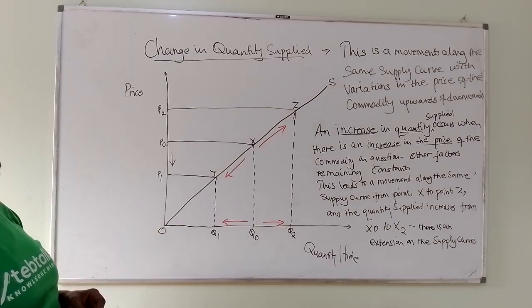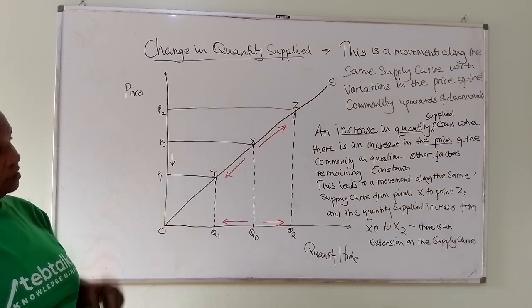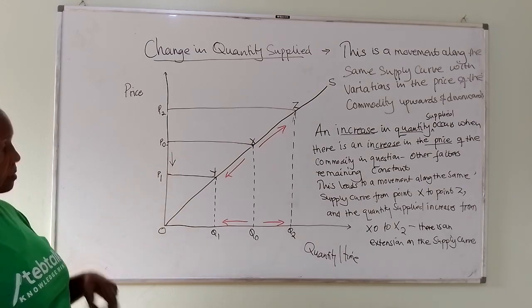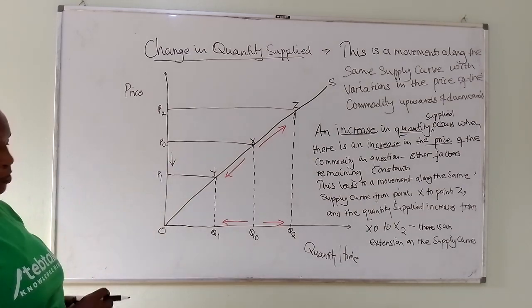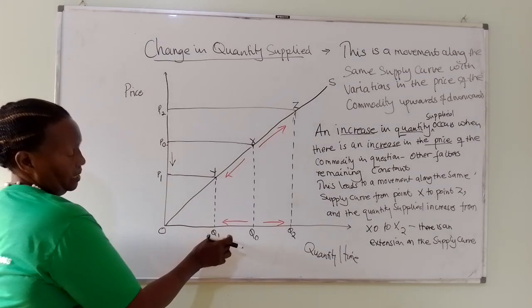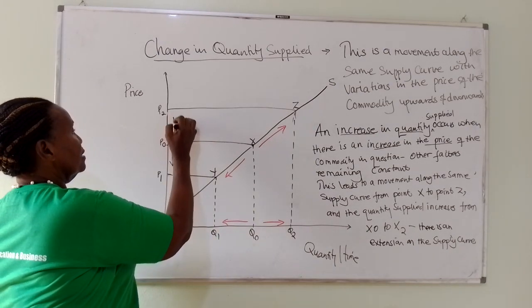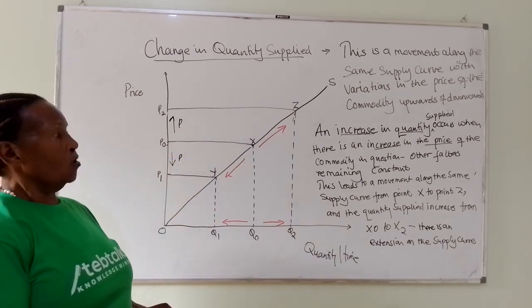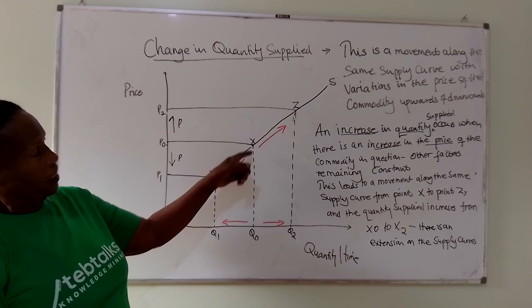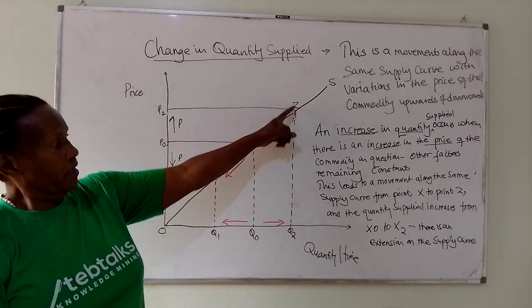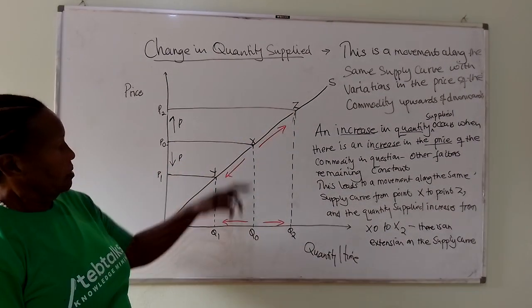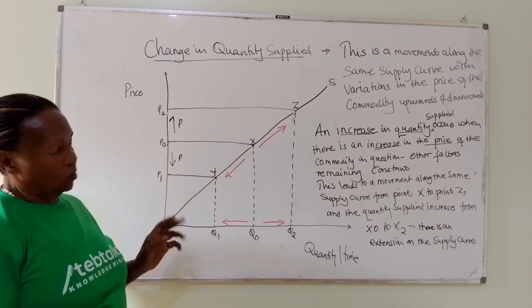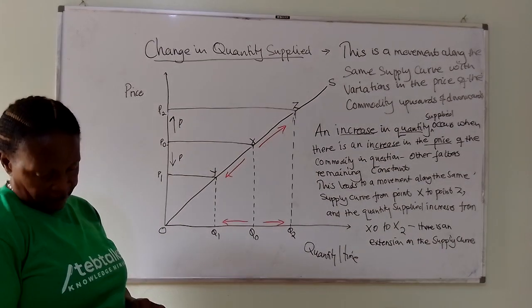And that change in quantity supply can be an increase or a decrease. A decrease in quantity supply is brought about by a reduction in the price of the commodity, yet an increase in quantity supply is brought about by an increase in the price of that same commodity. We move to a higher level of quantity supplied with an increase, yet with a decrease, we move to a lower level on our supply curve.